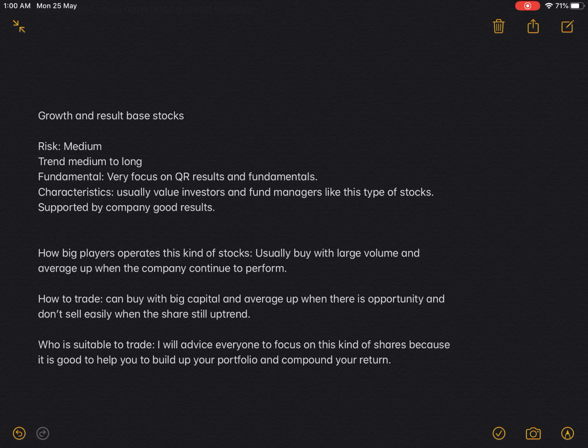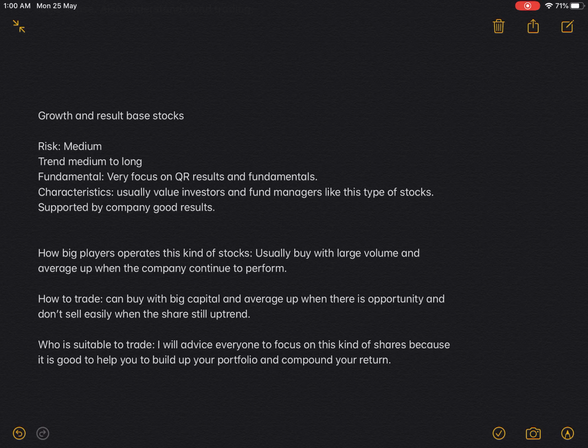So how to trade these kinds of stocks? If you find this kind of stock, you can size up your capital, and you can average up when there's a buy point. Usually I won't advise you to just sell when there's a 20-30% return. You can focus on company performance and company trend. When the share is still in uptrend, you can continue to hold. For example, glove counters can give you 100-200%, even 300% returns if you can hold on to this kind of trend.